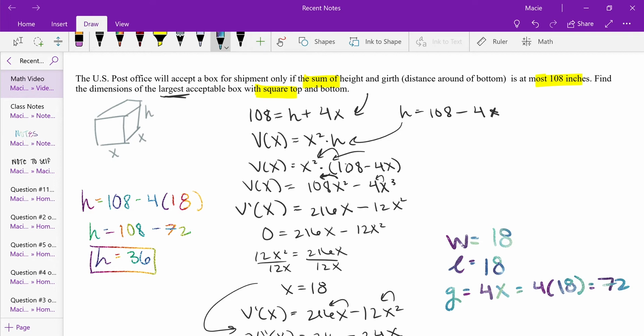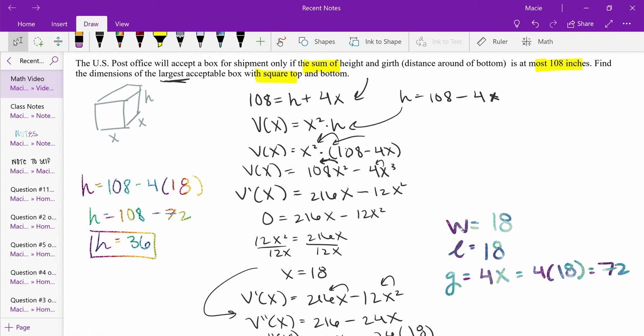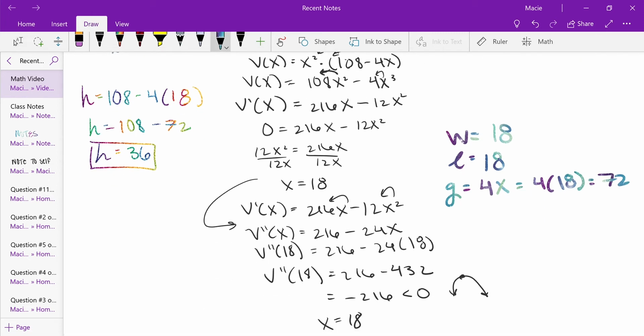Using this problem, we have figured out that the largest acceptable box for the U.S. Post Office would have a girth of 72 with a width and length of 18 each, and a height of 36. We used the first derivative to find the critical number, and then we used the second derivative to find out if it was a max or min.